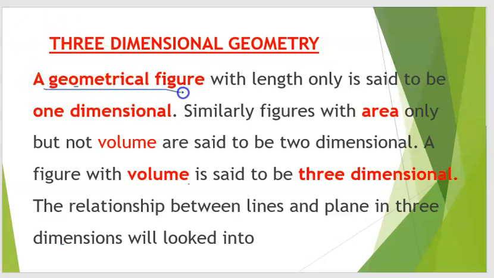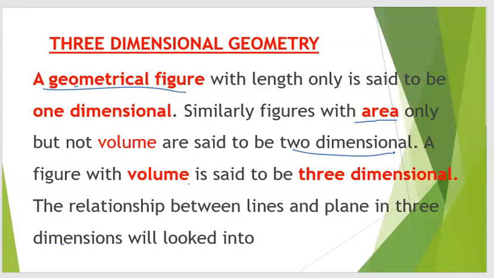A geometrical figure with only length is said to be one-dimensional. A good example is a line. But those with area, that means they have length and width, you can describe them in terms of area. We refer to them as two-dimensional geometrical figures.